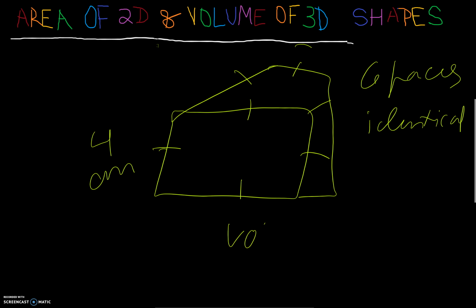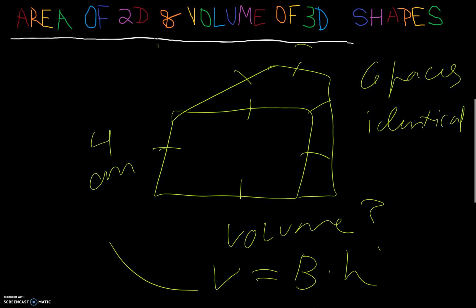So if I wanted to find the volume of this shape, I want to know how much can fill this cube. Well, now we're working with 3 dimensions. It's not just length times width. But we can refer back to our formula. We can say volume is equal to big B times height. And we just said that the area of a square is equal to side length squared.